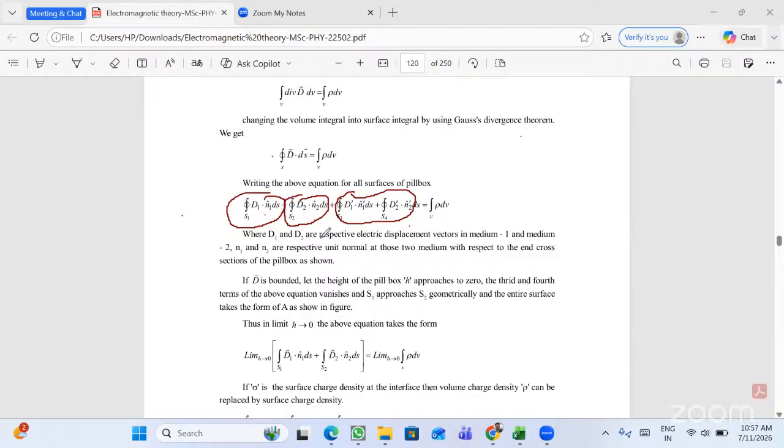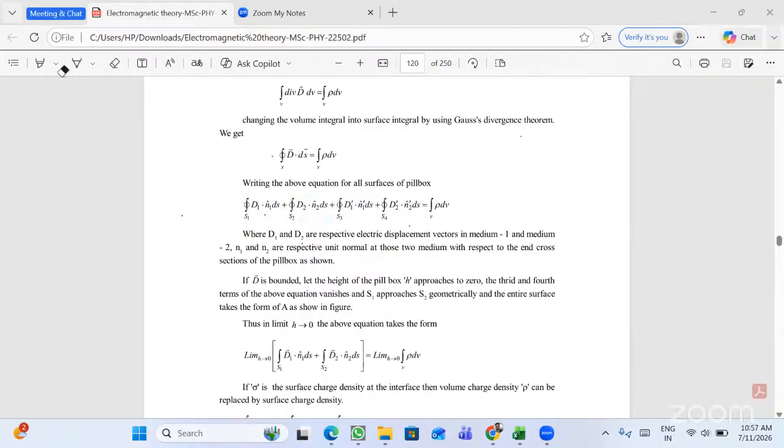As written clearly here, D1 and D2 represent the electric displacement vectors in medium 1 and medium 2, and N1 and N2 represent the unit normals in the corresponding mediums. And as I told you, the height of the pillbox is infinitesimally small.